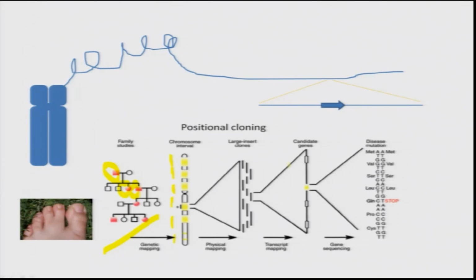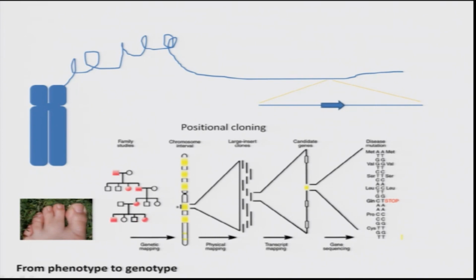Using genomic technologies, you will be able to identify a given gene as the one that causes the disease, because now you have the sequence and you find there is a sequence change present in all the affected; therefore, that is likely to be the gene that causes the disease. This is the way you go about looking for the gene in humans, and this is called positional cloning. This approach is called from phenotype to genotype.